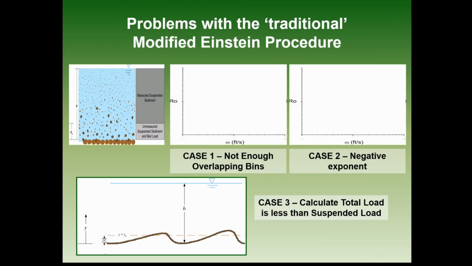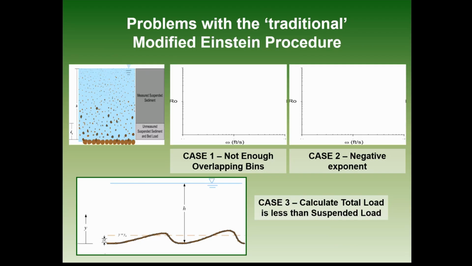So the idea at the time, and we're talking here the 50s, was to use two bins. They had two particle size distributions at two different locations above the bed, and tried to find an overlap for that size fraction. And then you get 2 points on the plot of the Rouse number and the fall velocity. And from this, you extrapolate, and then you calculate with a little numerical procedure. Well, we figured out with CMAP that there were problems with that.